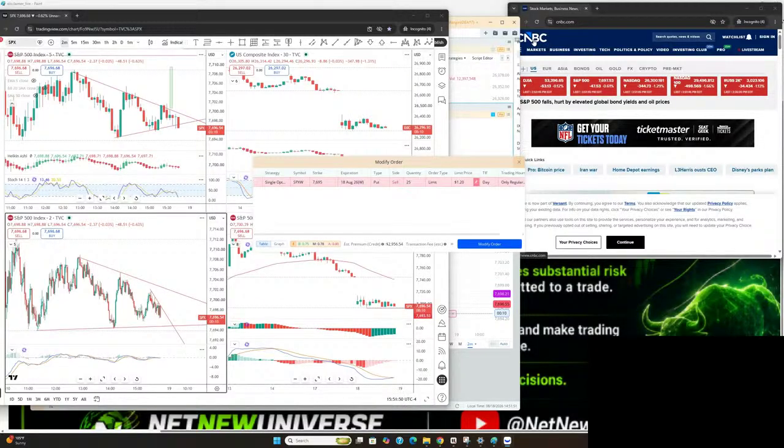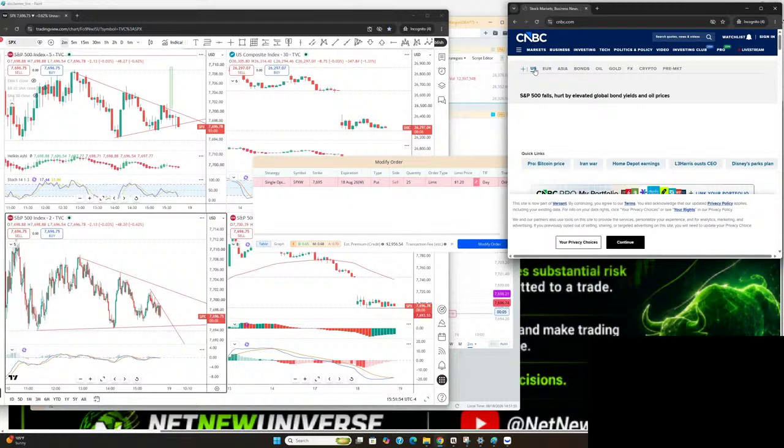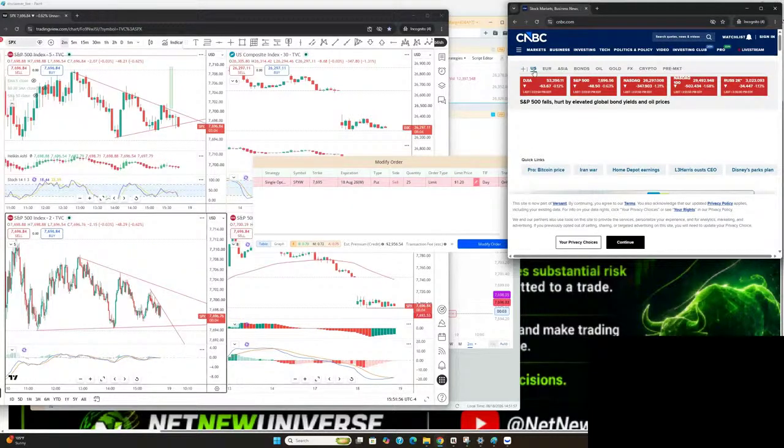There's a long drop here on NQ, so SPX might try to match that, so it may be around 55.